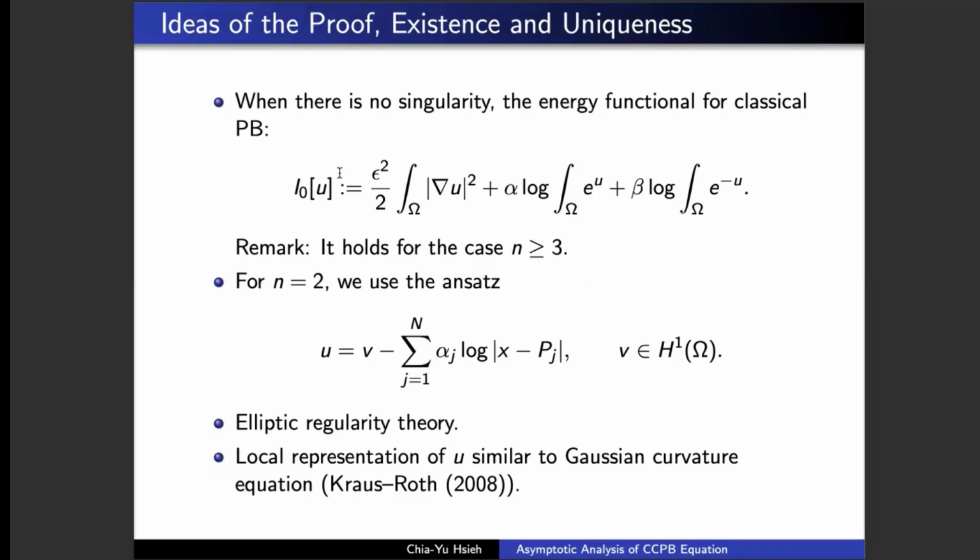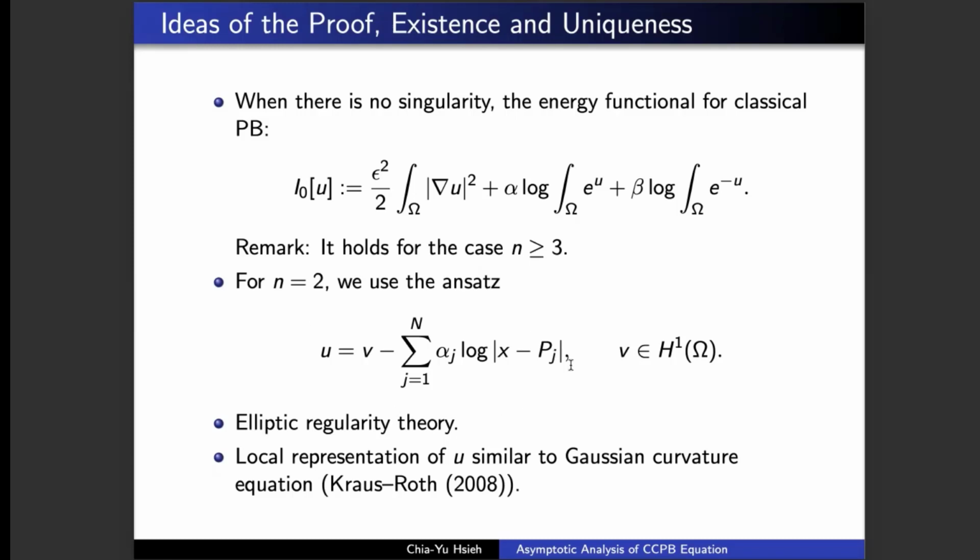Of course, this is indeed the case for n greater than or equal to 3, because in this case there is no singularity. And the uniqueness follows the standard way: we consider two solutions, U1 and U2, and take the difference of their equations to get a contradiction. Okay, so this is easy, but how about the 2D case if there are some isolated singularities?